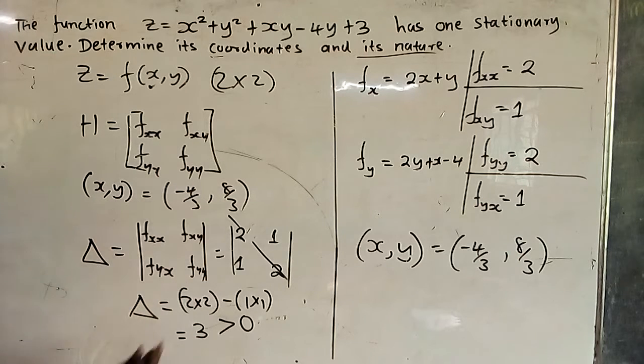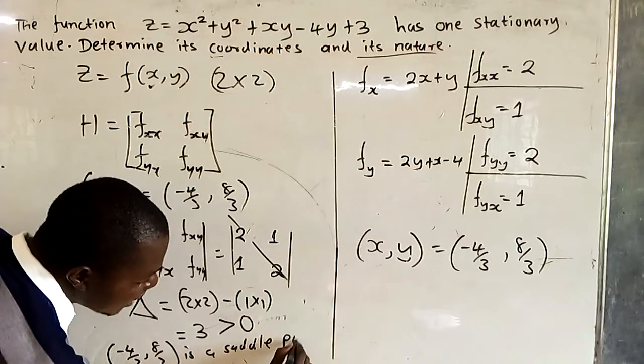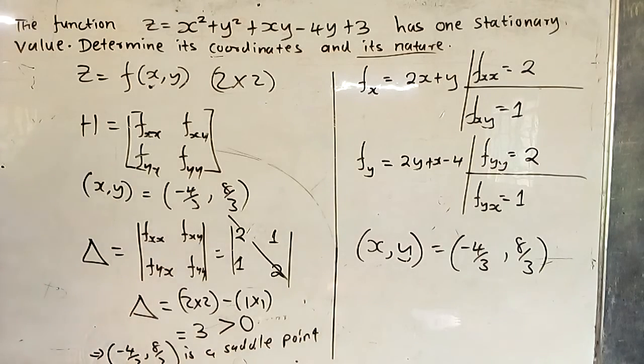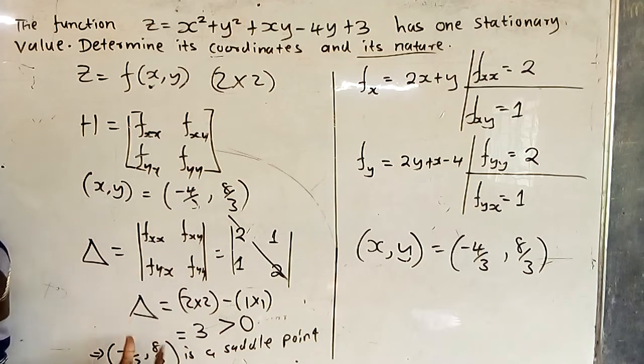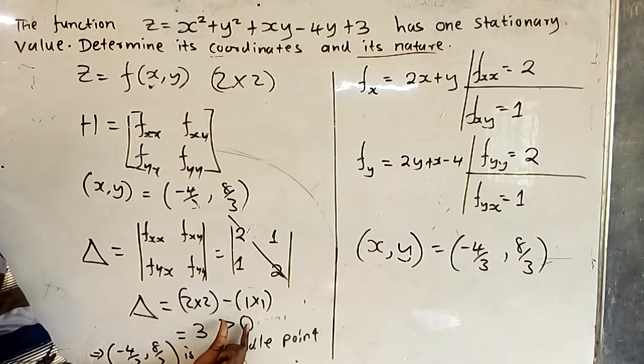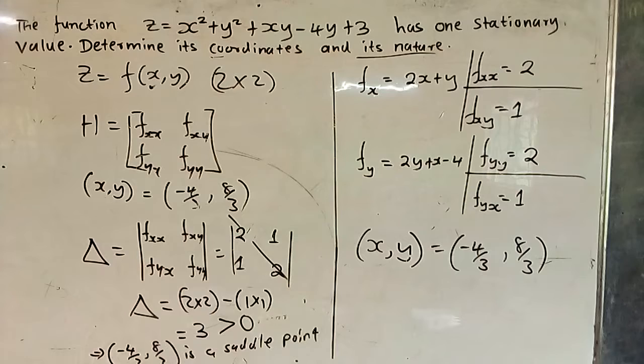So you now conclude that the stationary point we defined here, negative 4, 3, is a saddle point, because the discriminant defining it is greater than 0. And that is how to determine a stationary point and its nature.